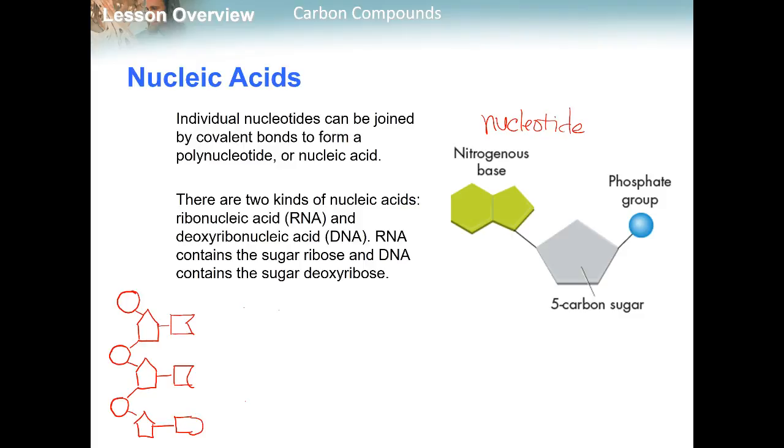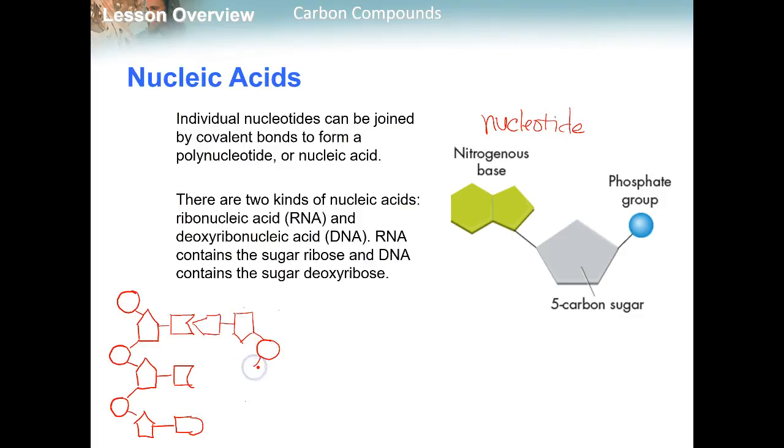So since it's a double-stranded molecule, on the other side, you're going to have your sugar. And I'll explain in a different chapter why the sugar is drawn upside down on this one. And then the nitrogen base is going to be the puzzle piece that fits in.